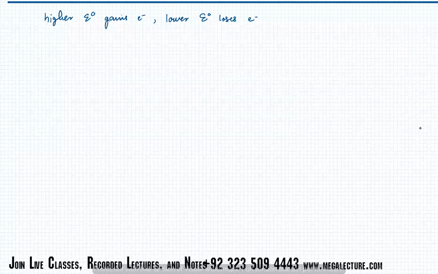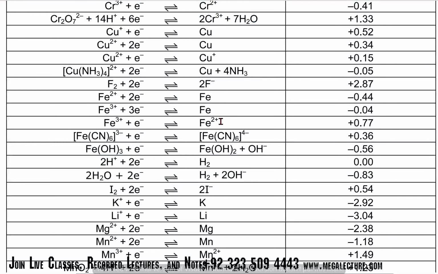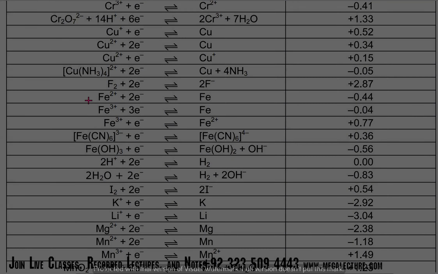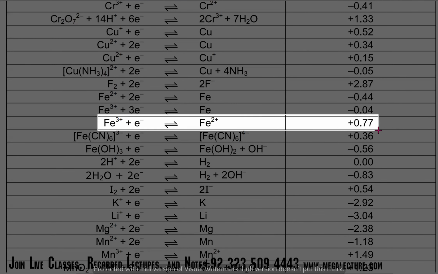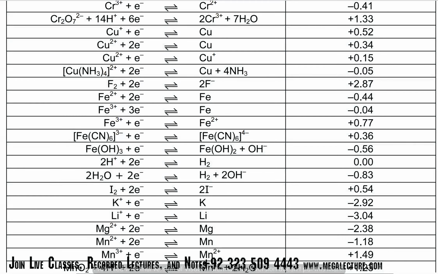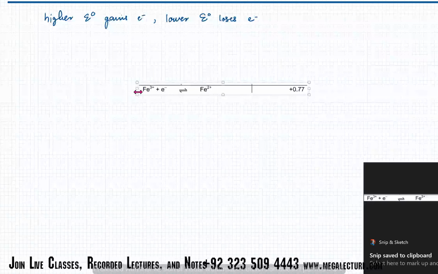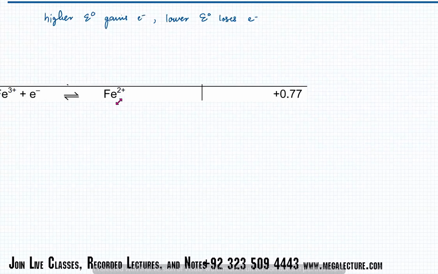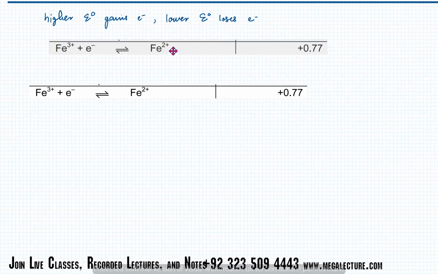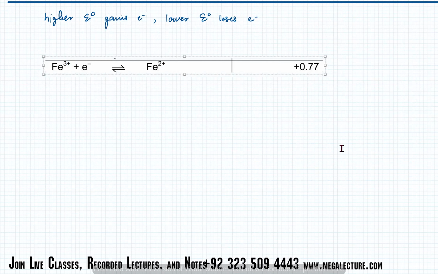So if I pick any two random electrodes, let me just take a snapshot. If I pick the Fe3+, Fe2+ electrode, that's 0.77 volts. Okay, so I got one. And I pick any other electrode, without the drawing now.